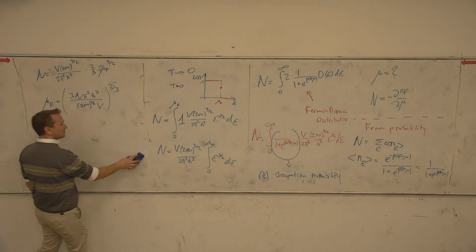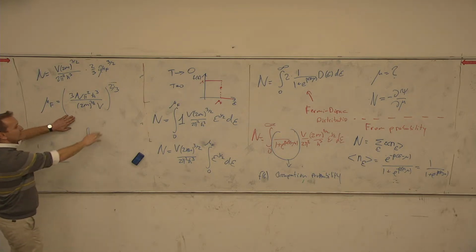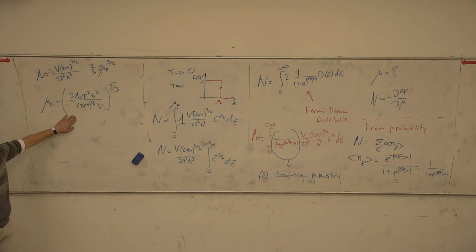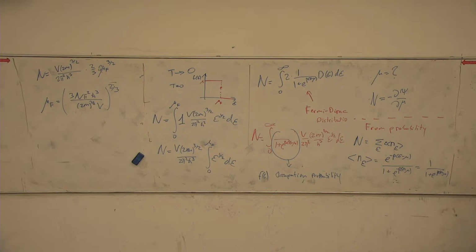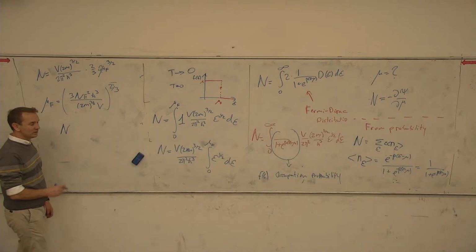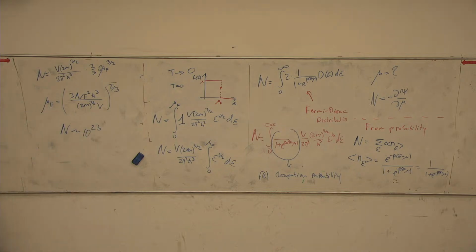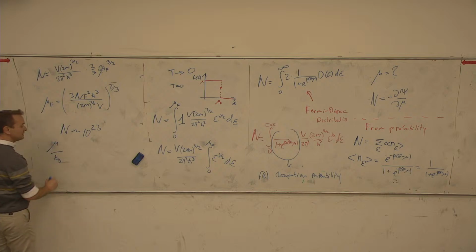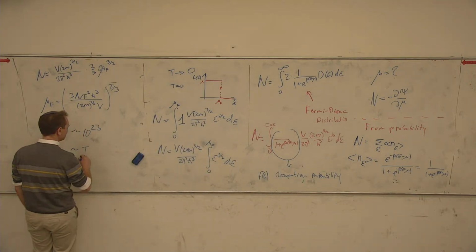Okay. This is in the limit of very small temperatures. The thing to notice is that N is extremely large, the number of particles is on the order of 10 to the 23. So mu divided by k Boltzmann, why divided by k Boltzmann? Because I want to obtain an effective temperature.